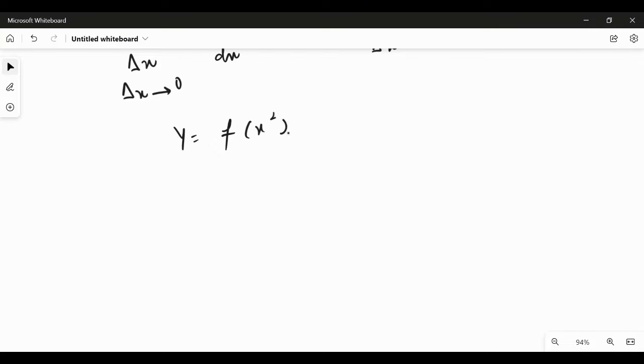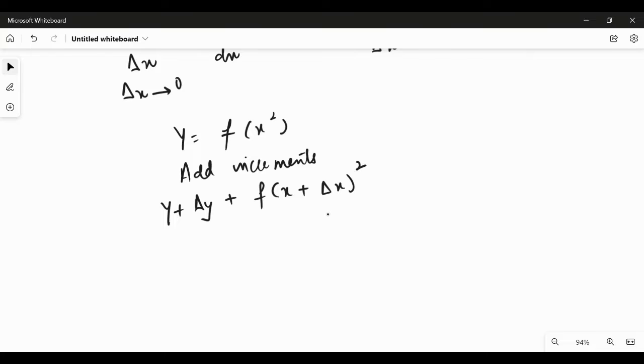So let's take y is equal to f of x square. What we have to do first is add increments here. So y plus delta y is equal to x plus delta x whole square.